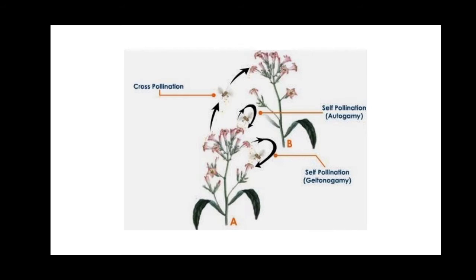So definitely various kinds of characters are going to intermix, and that's why the chances of variation are going to be high in cross pollination. Whereas self pollination, since it is originating from the same plant, there are lesser variations observed in those cases. So definitely with that in mind, the cross pollination method will be considered more suitable.